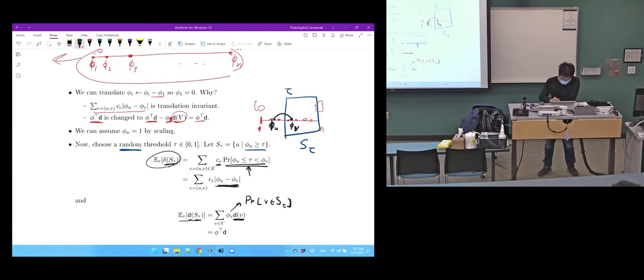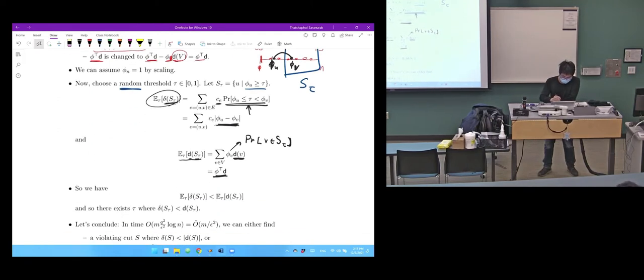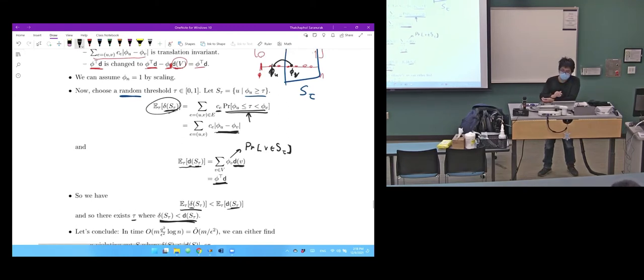So this is again the right hand side of the inequality. Because you know that this thing is less than this, in expectation the cut size of S tau is less than the total demand of S tau. If this is true, then there must exist some tau such that this is the case, and this is just a violating cut.